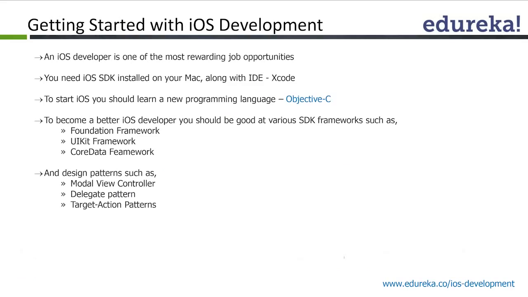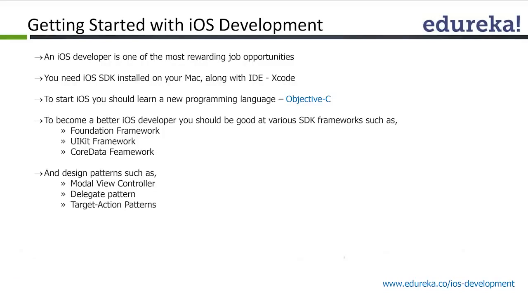Next is, what do you need for iOS development? You need a Mac with an IDE, that is nothing but Xcode, installed on your Mac. You have basic configurations, you have to get those things first, and then the most important thing is you have to learn a new language, that is Objective-C or Swift.